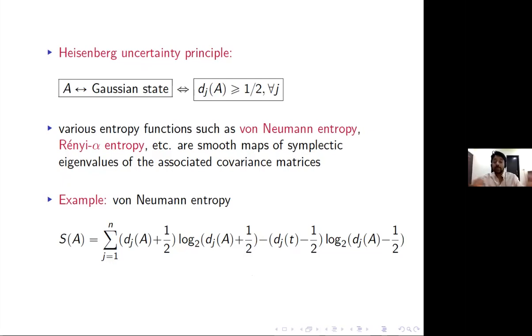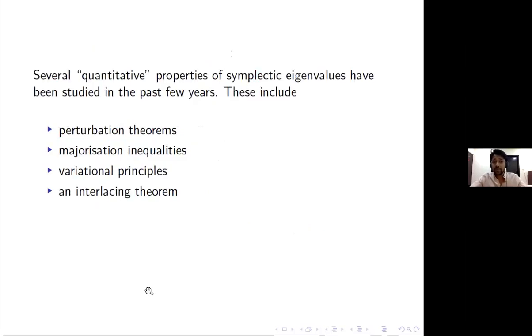Given their applications and importance in various fields, it will be useful and important to study various properties of symplectic eigenvalues. We already have a very rich theory and history of eigenvalues. So a natural thing to do would be to study analogous properties of symplectic eigenvalues as we have for eigenvalues. And in the past few years, several works have been done in that direction.